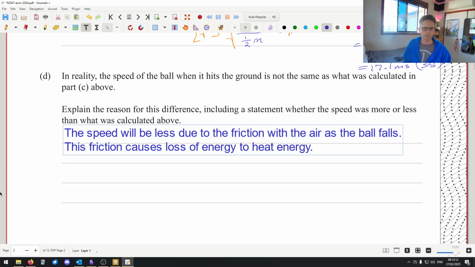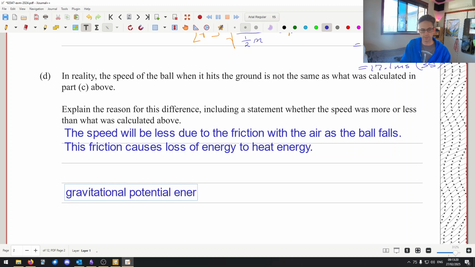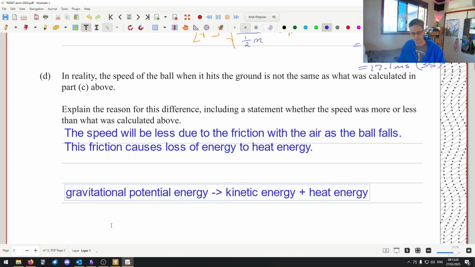And so you don't have to do this last bit, but I'll show you: gravitational potential energy is going to kinetic energy plus heat energy. So that's the actual equation.